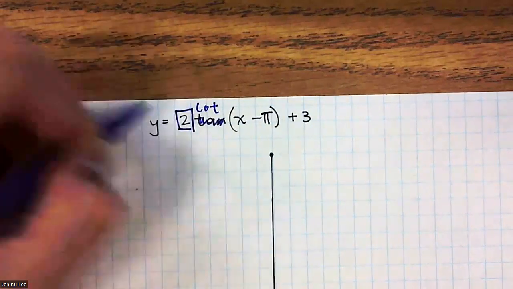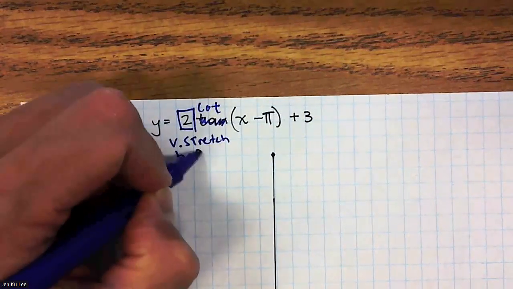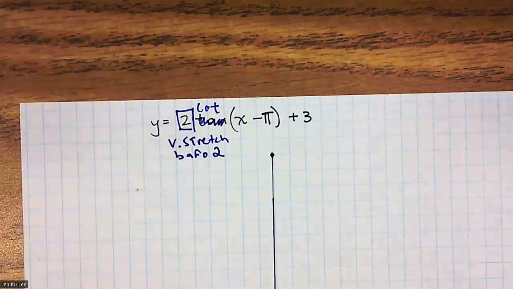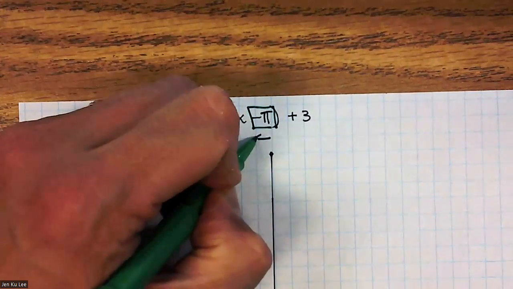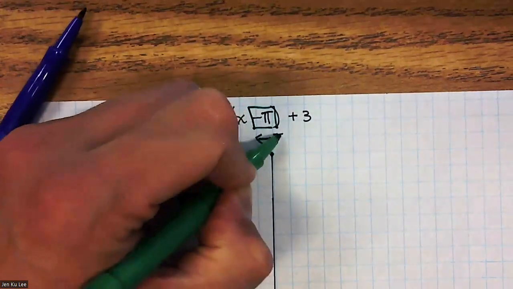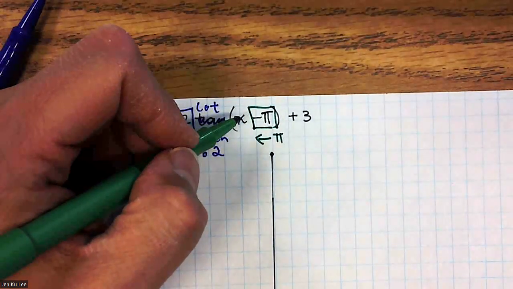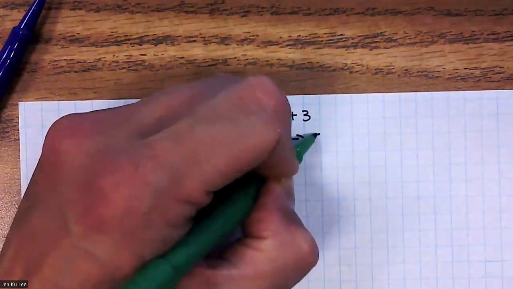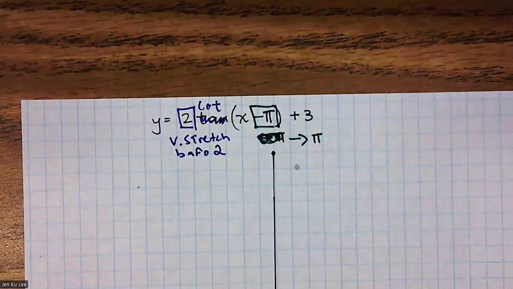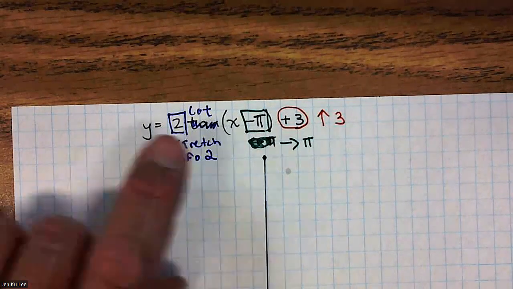So here is a vertical stretch by a factor of 2. This negative pi, we're going to move the whole thing to the left pi units. It's not to the left, it's to the right pi units. And this 3, we're going to move it up 3 units. So that's what we're going to do.